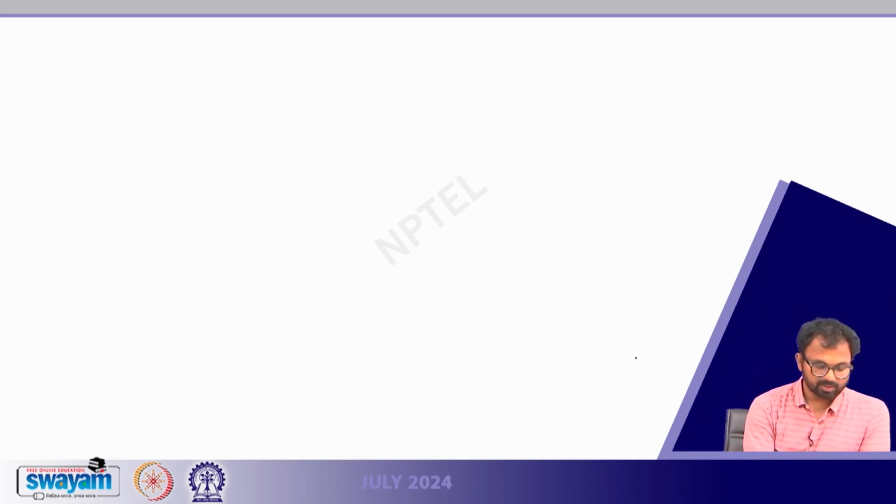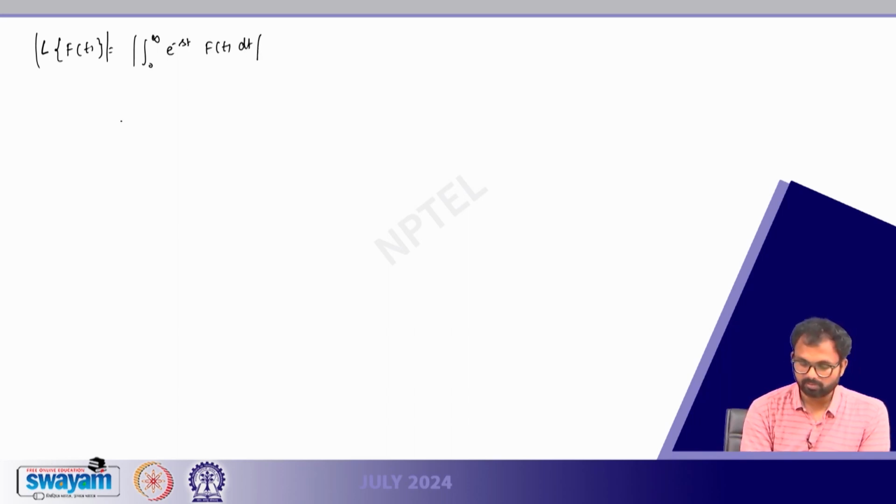So, since f is piecewise continuous and it's of exponential order, if I take the Laplace transform of f, remember, if I take the mod, so then mod of integral from 0 to infinity e to the power minus st f(t) dt. So this will be less than or equal to integral from 0 to infinity e to the power minus st mod of f(t) dt.